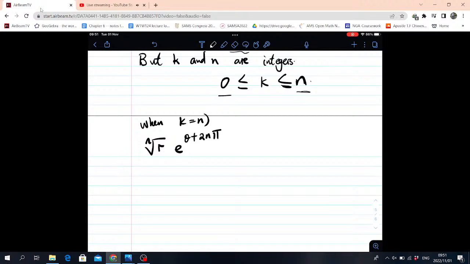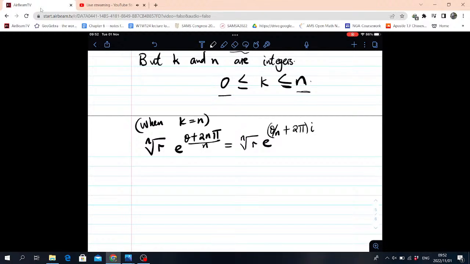This is the scenario that we are looking at, which is going to be equal to the nth root of r e to the i times theta over n plus 2 pi. So that is our term there.